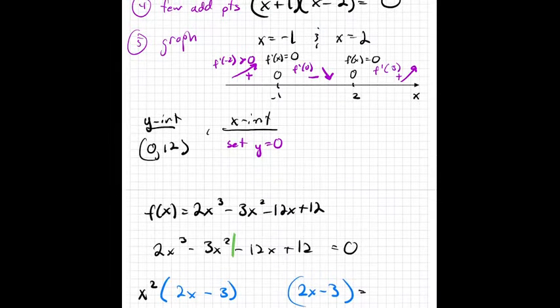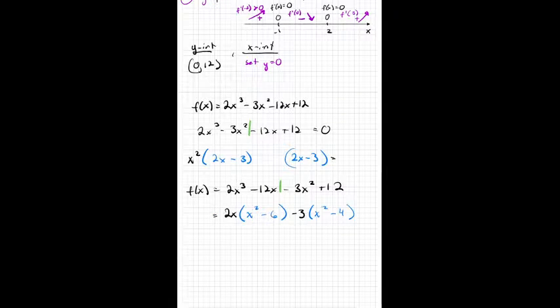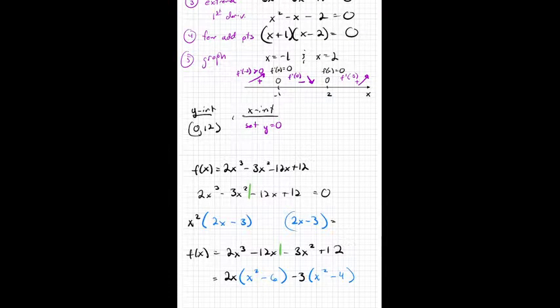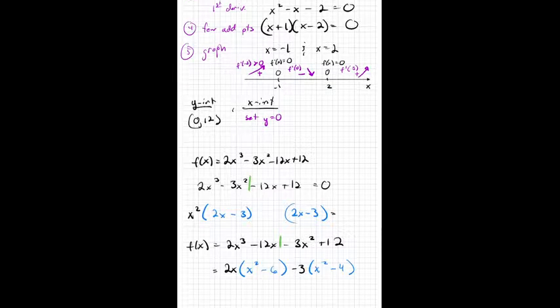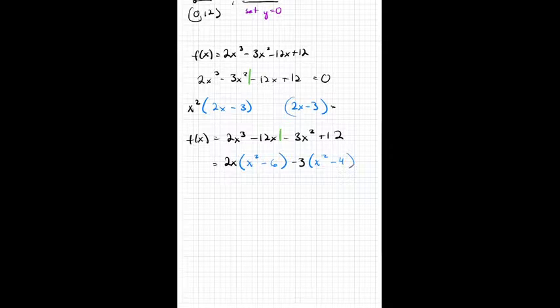Okay, so let me do it like this. We have a relative max when x is negative 1. What's the original? That's going to be negative 2, negative 5, 12 minus 5 is 7, so 19. So when x is negative 1, y is 19.